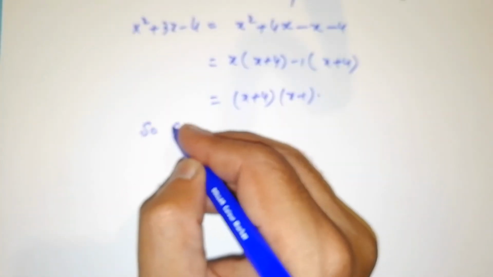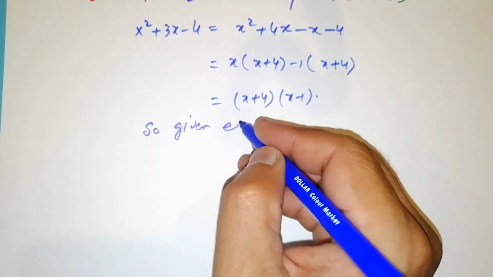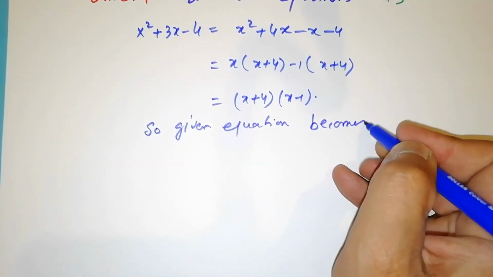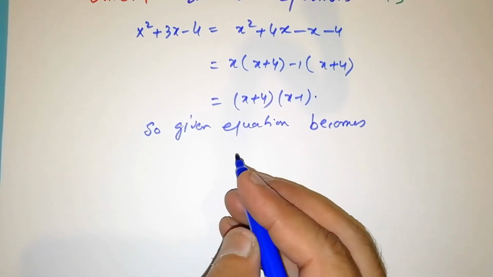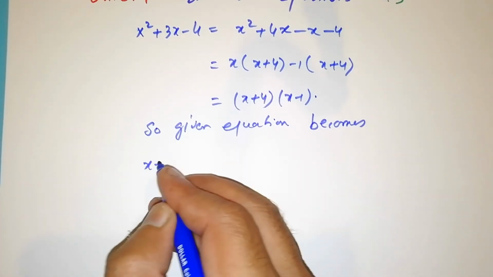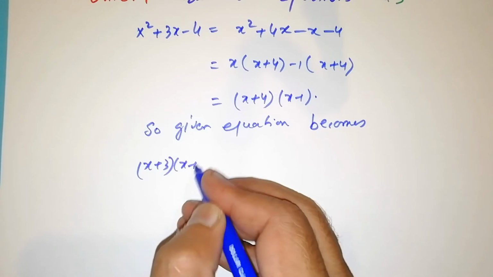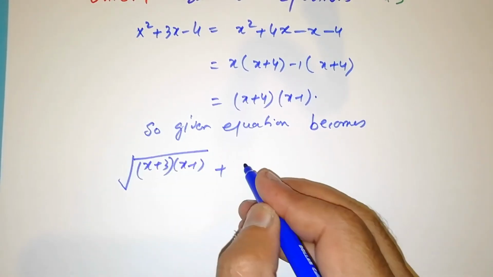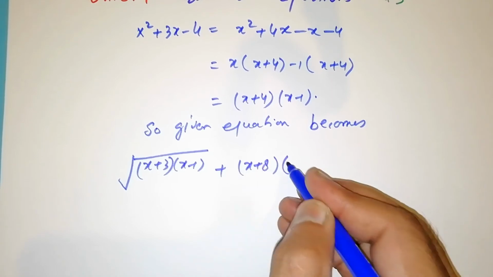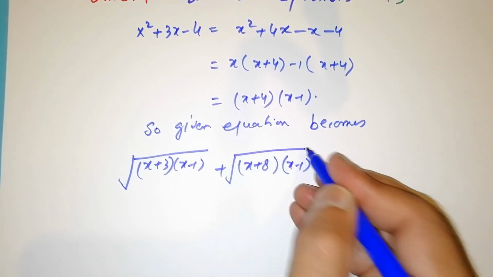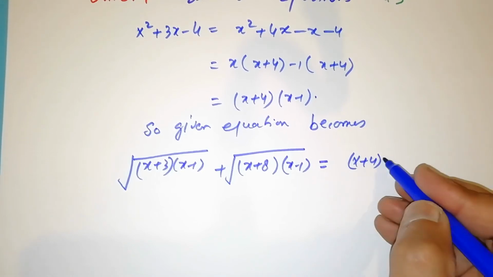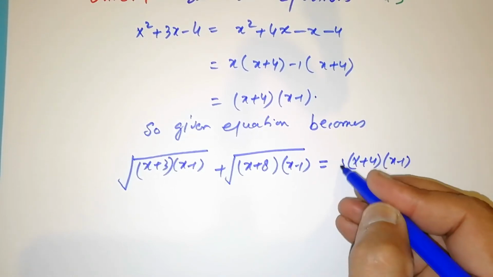So the given equation becomes (x + 3)(x − 1) + (x + 8)(x − 1) on the left. On the right hand side we have (x + 4)(x − 1) multiplied by 5.